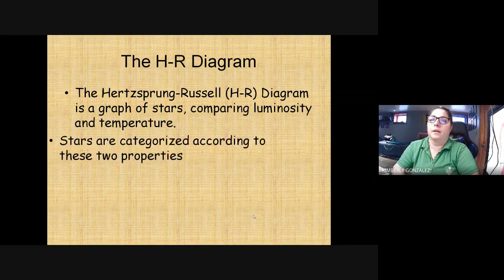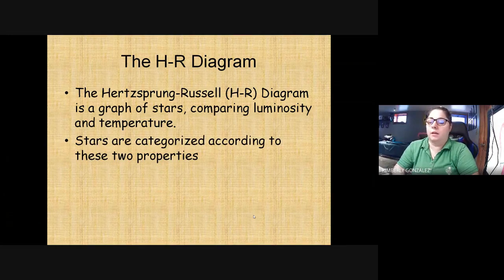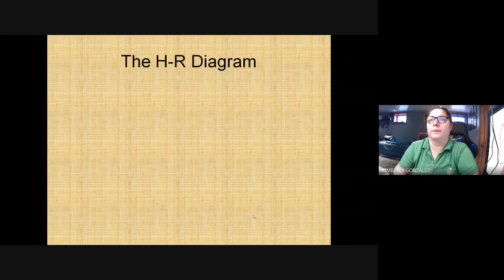On that diagram, those are the two things they're categorized by: the temperature and the luminosity. And again, it all has to do with how they are in comparison to our sun, because you have to compare it to something you know.